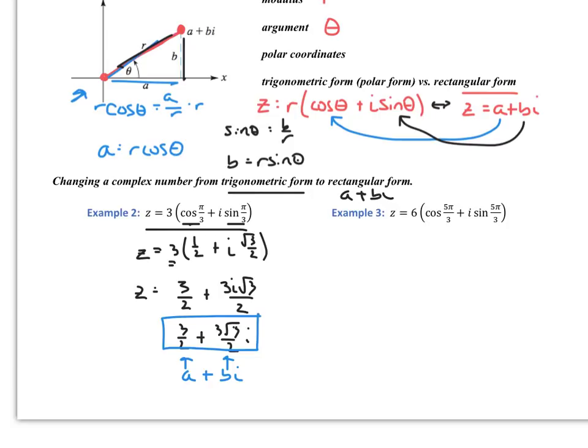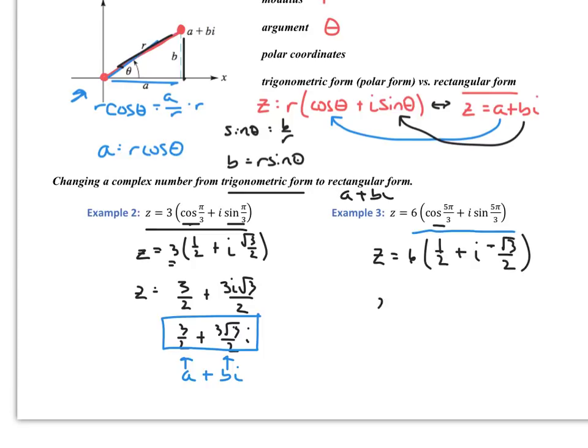So you've written it now in our rectangular form. All right, let's go ahead and take a look at another example. Again, our objective here is to change this into a plus bi form. So I am going to start by figuring out cosine of 5 pi over 3, and that is equal to 1/2. So z is equal to 6 times 1/2 plus sine of 5 pi over 3, which is negative root 3 over 2, so i times negative root 3 over 2.